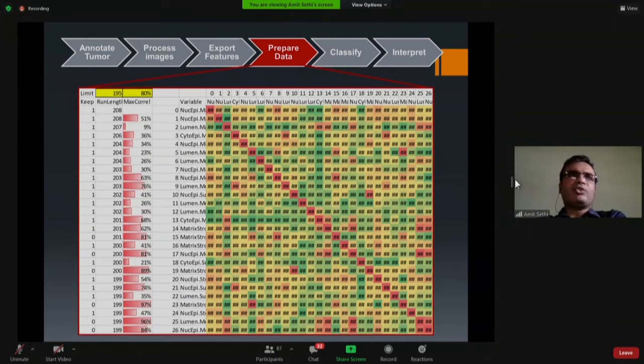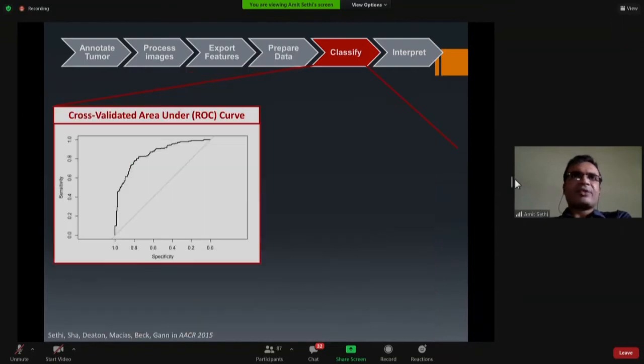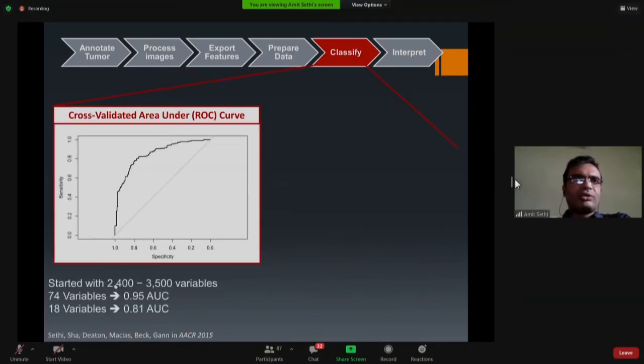Then we would do multiple rounds of regularized logistic regression where we tighten the regularization penalty and it eliminates more features. Ultimately, from around 3,000 features, we brought it down to either 74 or 18. These are two different models, one with 74 features, the other with 18 features. Let's take the example of the 18 feature model.